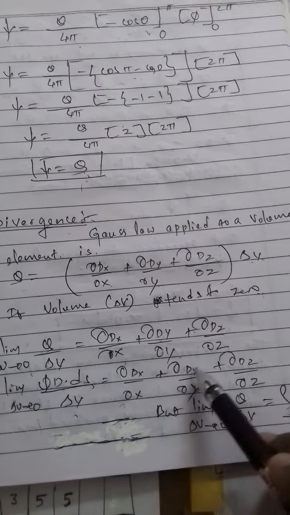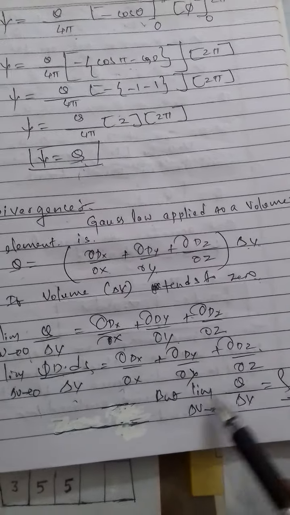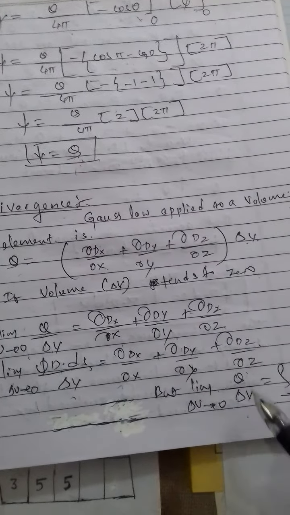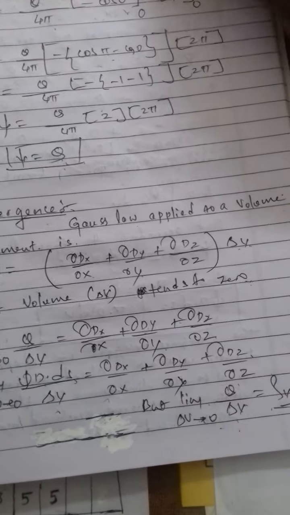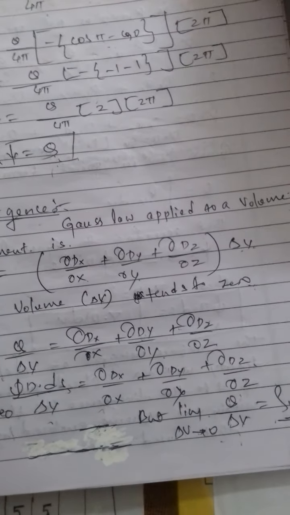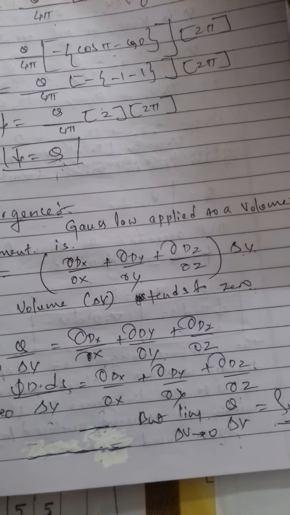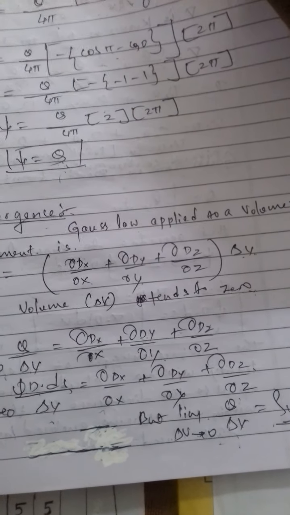But the limit of Q upon delta v as delta v tends to 0 is equal to the volume charge density. As the volume tends to 0, it is equal to the volume charge density.